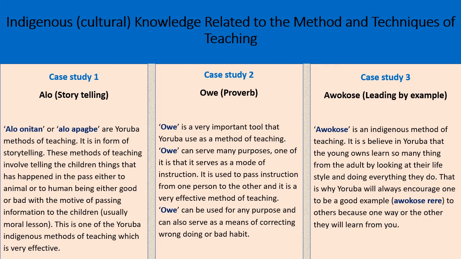Awokoshe rere in Yoruba means a good example. So they will always encourage you, be a good example. Je Awokoshe rere, that is in Yoruba, because one way or the other, the young ones are learning from such a person.